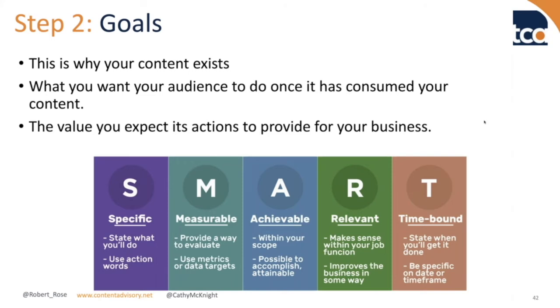What are they doing, and how do you get around that with your own content? This is about defining the value you expect your content to deliver, the actions to provide for your business, right? It's about thinking about what you want your audience to do once it has consumed your content. So what are those calls to action?